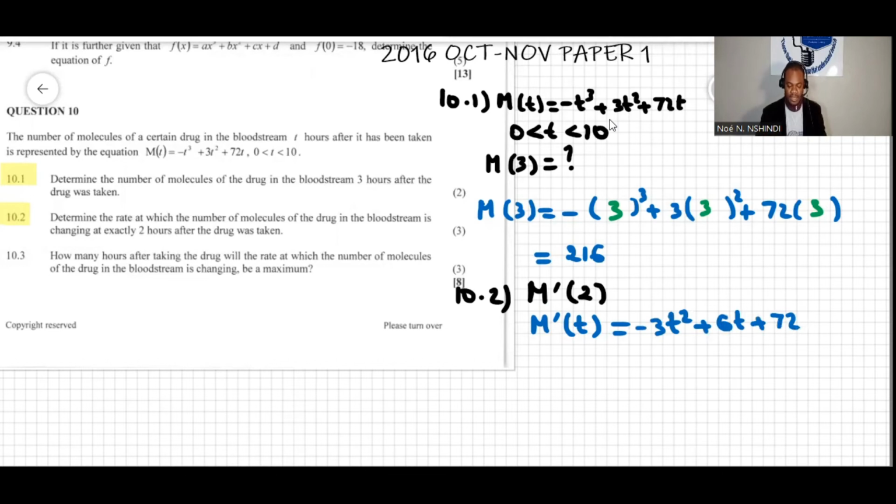Then m prime of 2 now, inside the bracket I meant to write 2.